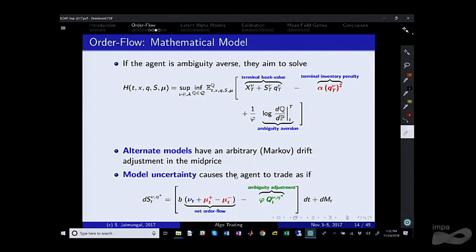So if it's really wacky, like if we estimate from data the intensity of price changes is once every second, but the universe throws us a model where it's once every 100 seconds, that's far too low. Or if it's happening 1,000 times a second, that's again far too high. We cannot have those models equally valid. So we will penalize models that are too far away from the reference model via this relative entropy term.